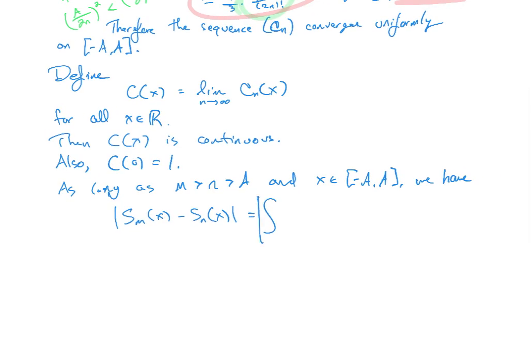The absolute value of Sm minus Sn would be the integral from 0 to x of Cm minus Cn, and I've got an absolute value sign out front. Oh, and I just committed a classic stupid calculus error. I have my x both in and outside of the integral. We need to integrate with respect to t, just so it's a different variable.